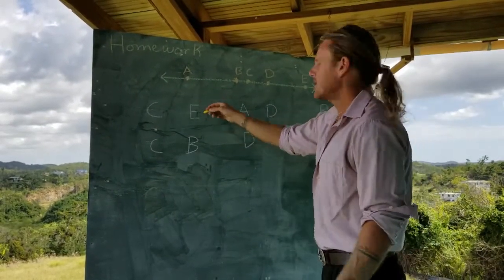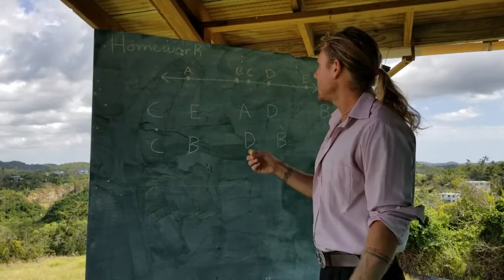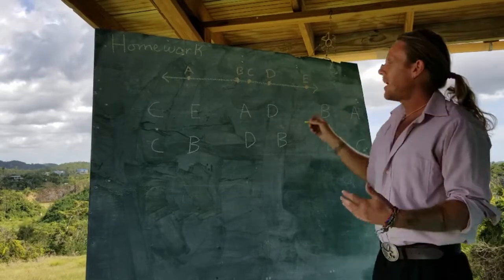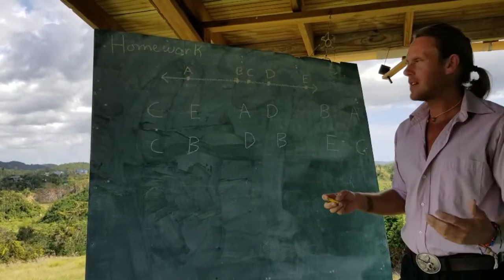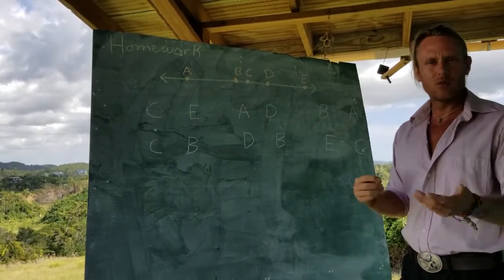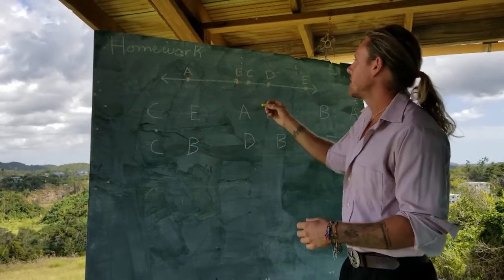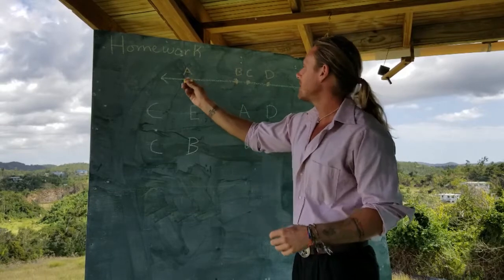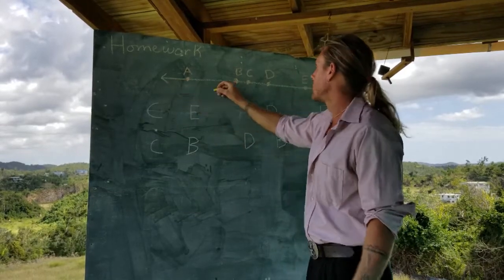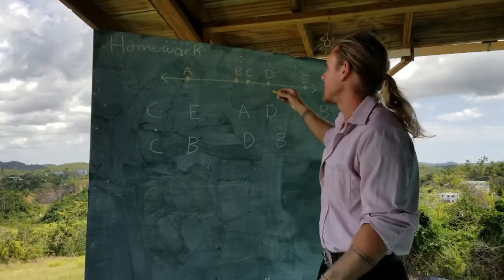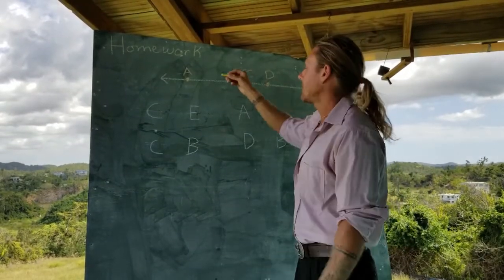C and E, these are points. We're dealing with points on the line again. So here's C, here's E. Well, how do we know which one's greater than or less than? There are no numbers. We're kind of used to working with numbers. But remember our discussion, our number line is oriented so that the quantity increases in the positive direction as we move from left to right, and decreases as we move from right to left.